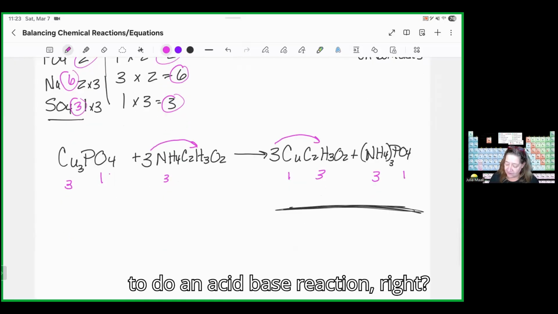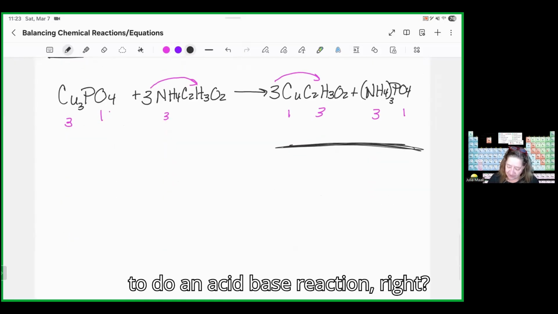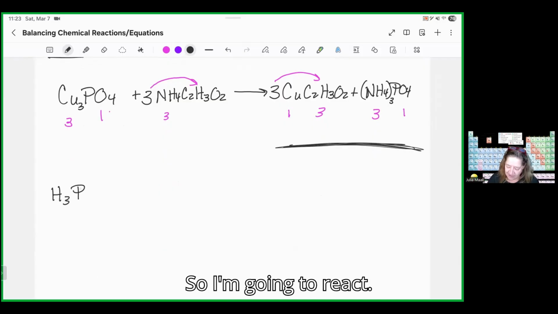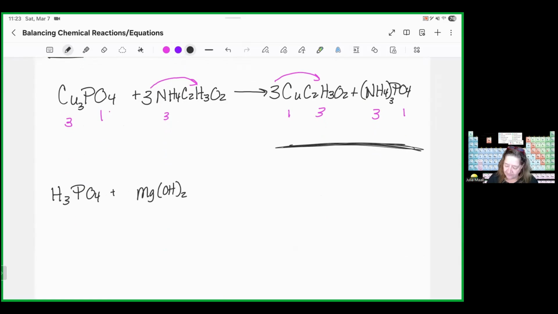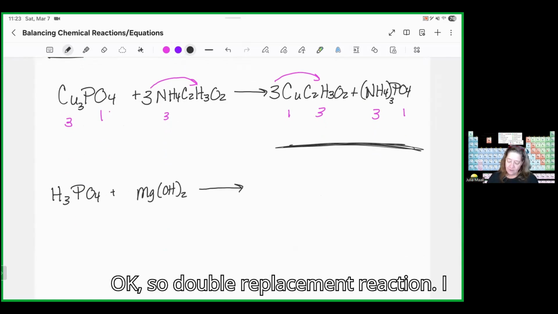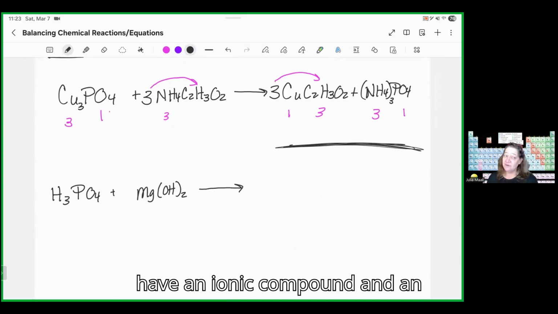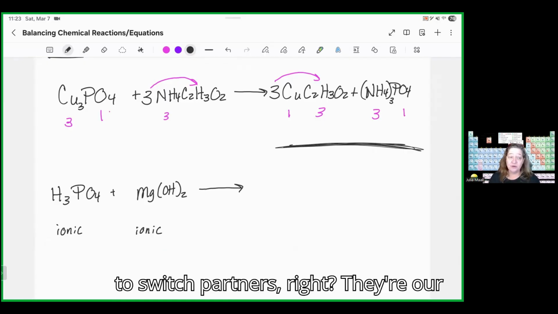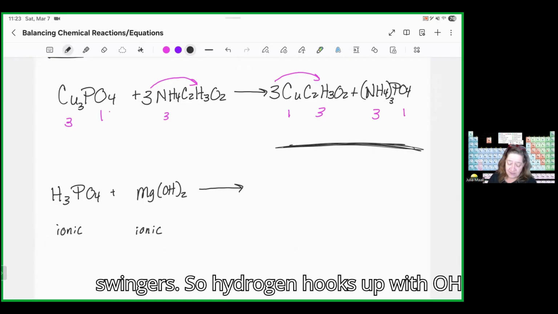I'm going to do an acid-base reaction, right? The special kind of double replacement. So I'm going to react phosphoric acid with magnesium hydroxide. Okay, so double replacement reaction, I have an ionic compound and an ionic compound. So they're just going to switch partners, right? They're swingers.